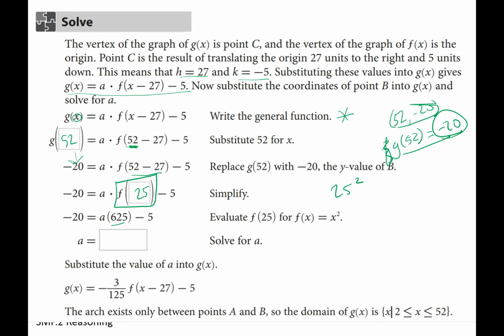Then we've got to solve for a, so I would probably start by adding the 5.